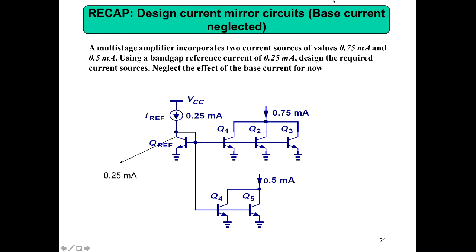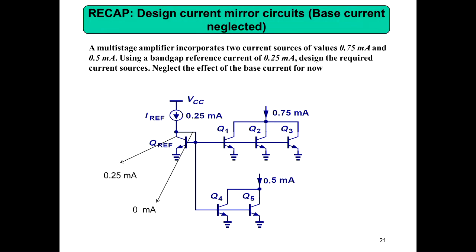But we have neglected that bias current. So when we neglect our base current, your reference current is equal to your collector current, which I already discussed using my document camera. Your reference current and collector current are the same because you are neglecting this current. But if you don't neglect this current, the collector current will be less than your reference current, and what you are getting here in the copy will also be less.